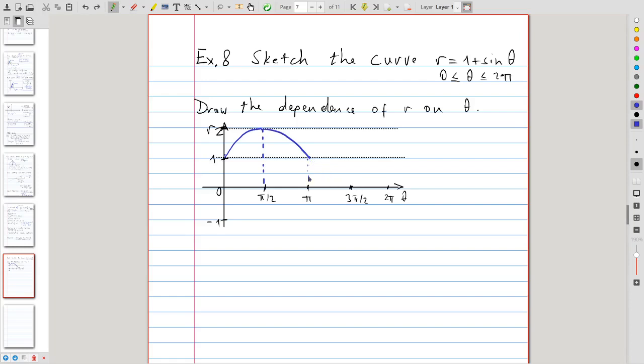And finally it comes back to 1 for theta equal to 2 pi, like so.